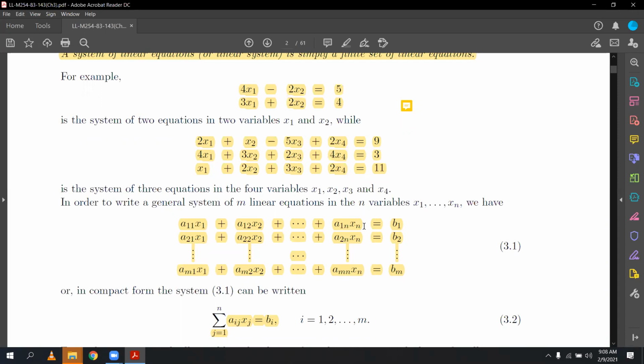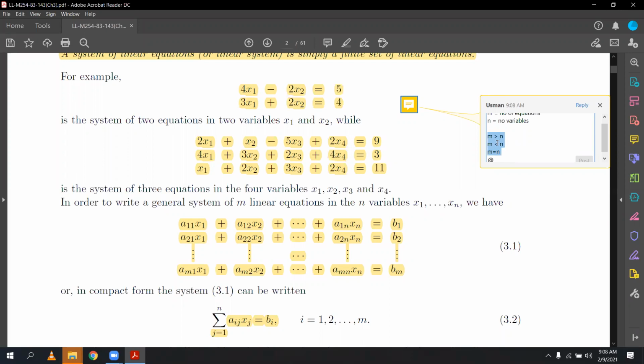Now, as I told you, when you have the system, you should know what type the system is. Generally we have three types of system, which we discuss here, which satisfy this condition.